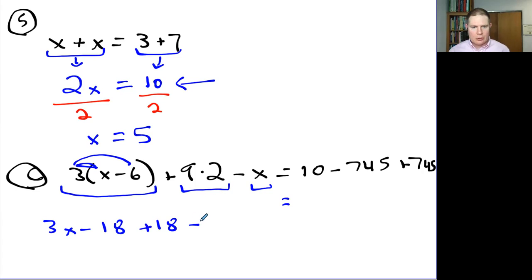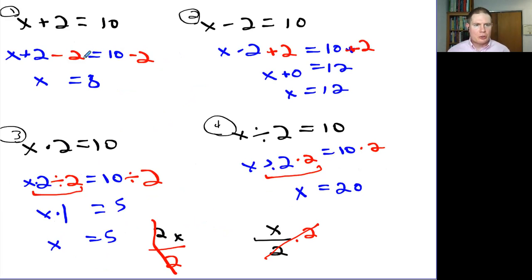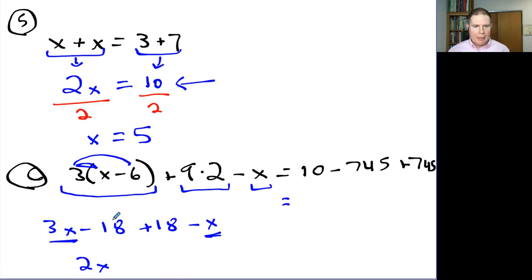And then minus x. I want to look to combine like terms, so I have an x term and another x term, so 3x minus x, that's 2x. Minus 18 plus 18, right? Well, we were just practicing how plus 2 minus 2 gives me the identity. Minus 2 plus 2 gets me the identity. Minus 18 plus 18 is the identity.